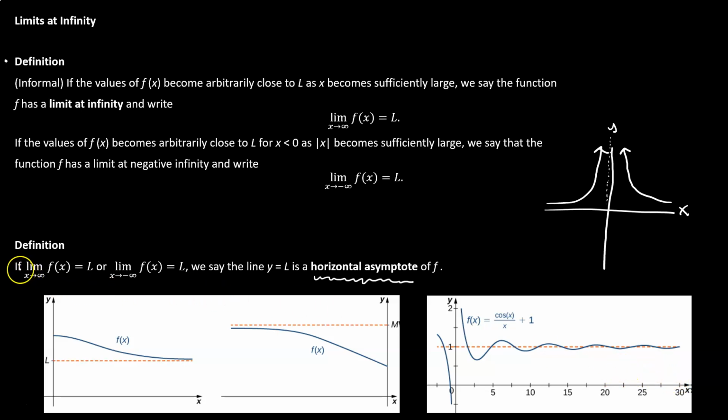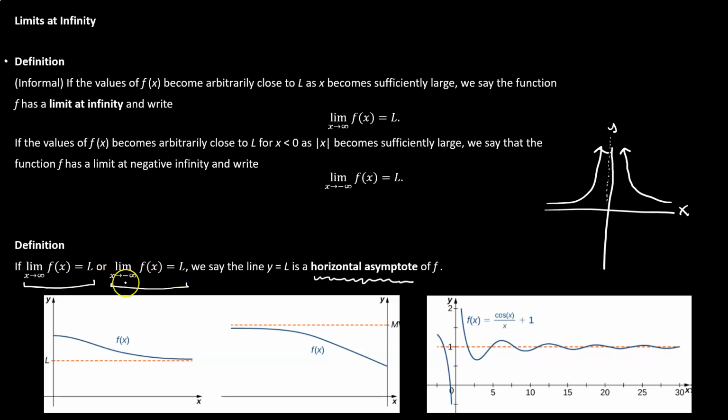Now, in the definition that we have, the horizontal asymptote is defined to be the limit value when x gets sufficiently large. So if x is going to positive infinity and the function has a limit that's approaching L, then we would say that there's a horizontal asymptote at the line y equals L. Or we could have x approaching negative infinity and the function's limiting value is approaching L, then we could say that that is also a horizontal asymptote.